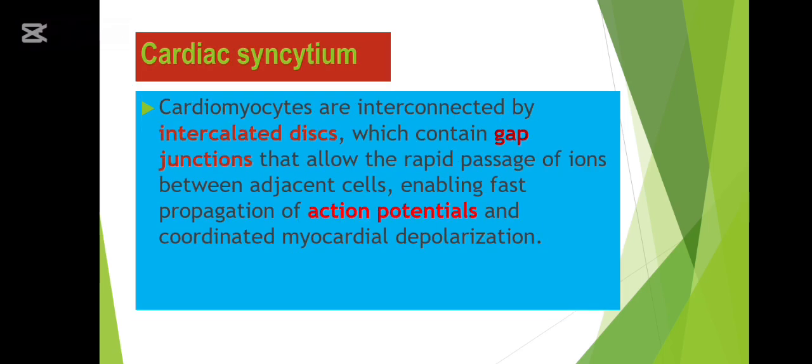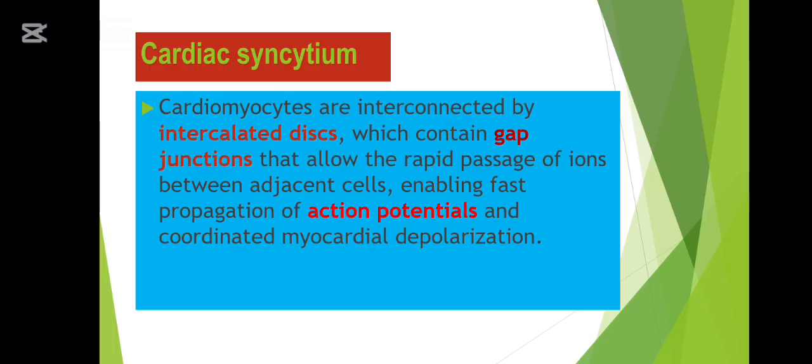The cardiomyocytes are interconnected by intercalated discs, which contain gap junctions. Now, one thing about gap junctions is that they are found in what we call electrical synapses, and we said gap junctions allow faster transmission of electrical impulses.